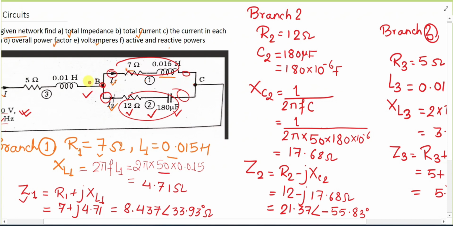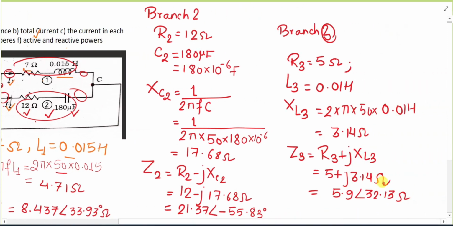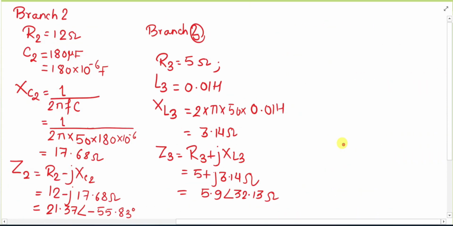If current flows, from this point the current will divide into two parts. So branch 1 and branch 2 are in parallel, so their equivalent impedance, let's name it ZP, because both of them are in parallel. For the parallel branches we write Z1 parallel with Z2.